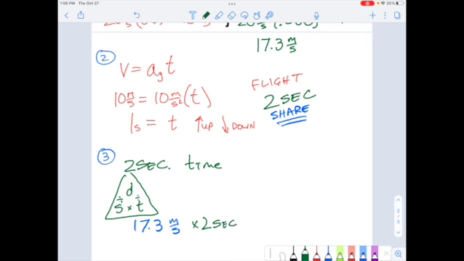That's going to equal 34.6 meters in the horizontal, or delta X, displacement.